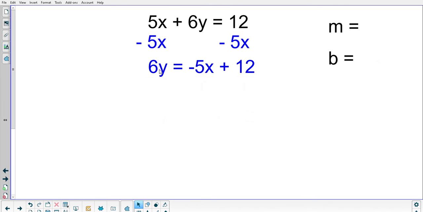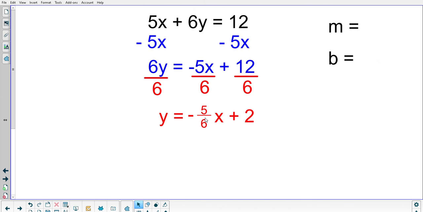If we look over here, y is still not isolated, so we need to isolate it. They're multiplying by 6, so we need to divide by 6. If we divide this by 6, we have to divide everything by 6. What happens here is these cancel out, so we have just y. Then we have -5x divided by 6 would be -5/6x, and then 12 divided by 6 is 2.